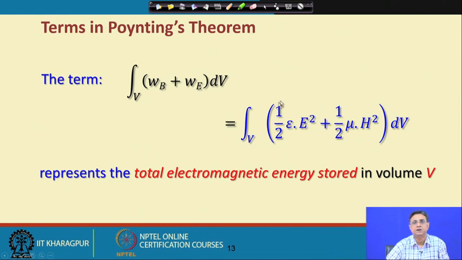Just now we have seen, because this is the total energy density with the electric field and magnetic field, this quantity actually represents the total electromagnetic energy stored in the volume V. So, total electromagnetic energy in a volume V, and del del T of that will represent the change in the total electromagnetic energy that is stored within that volume. If we place a minus sign before that, it should definitely represent that this amount of energy will be the loss.